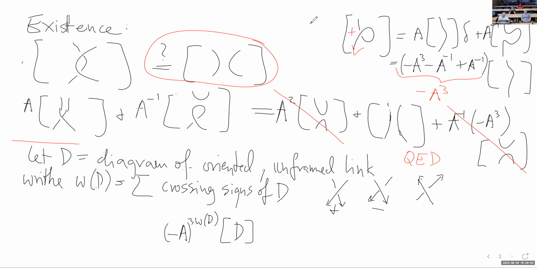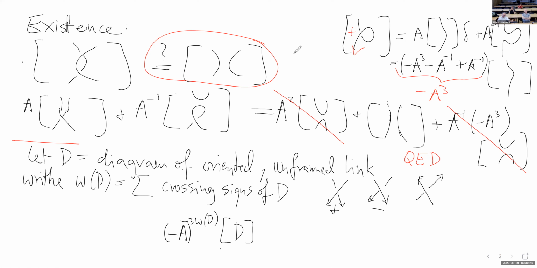So adding a positive kink like that will multiply this value by a multiplicative factor, but it will also change this other factor by the opposite.